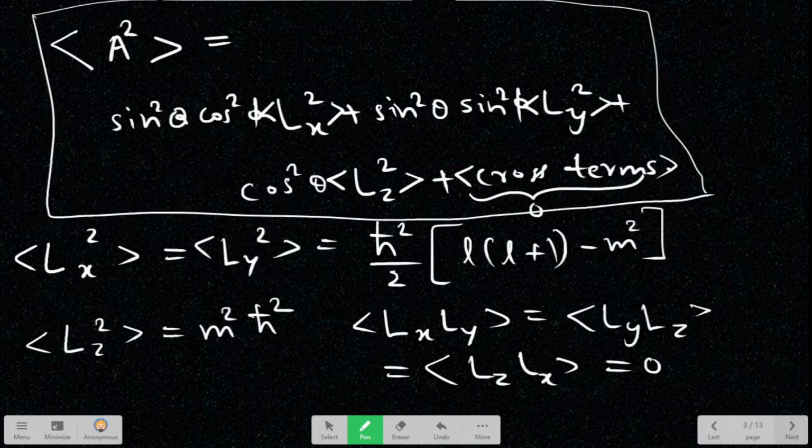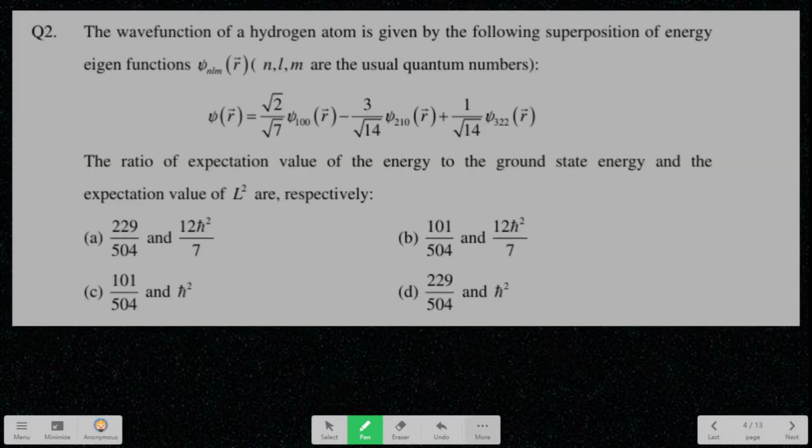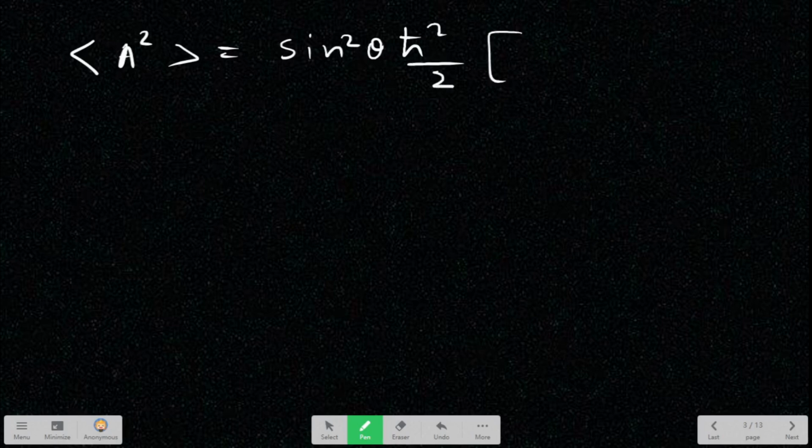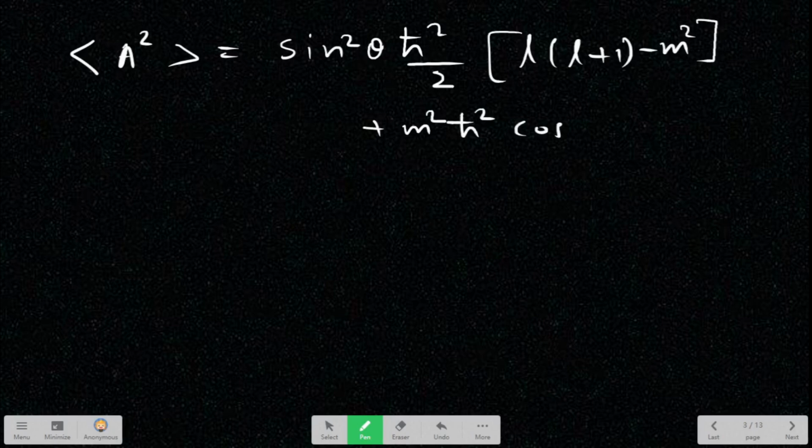you will get A square expectation value is equal to sin square theta h bar square upon 2 L into L plus 1 minus m square plus m square h bar square cos square theta.